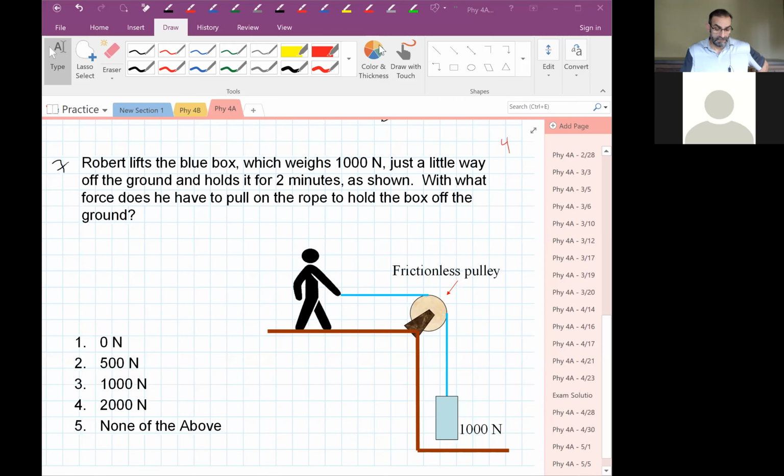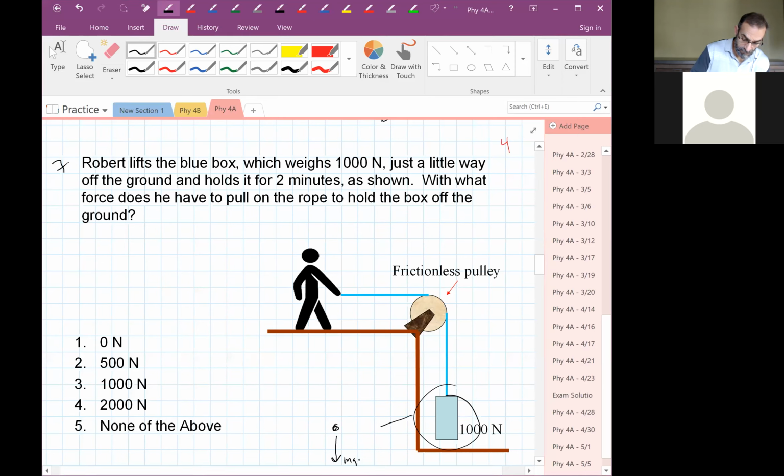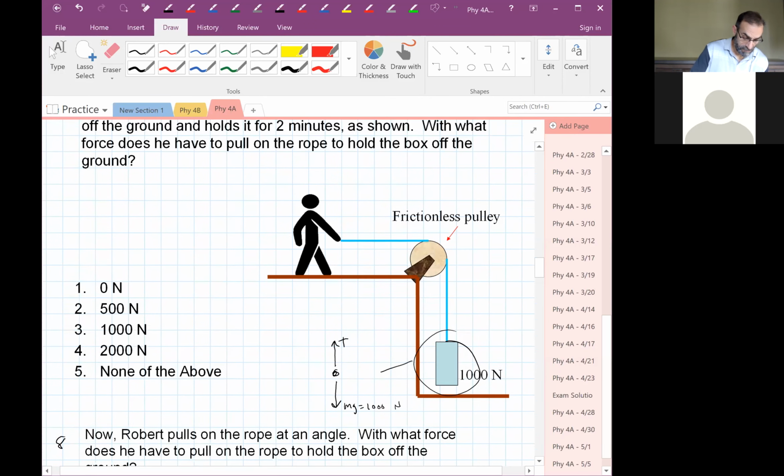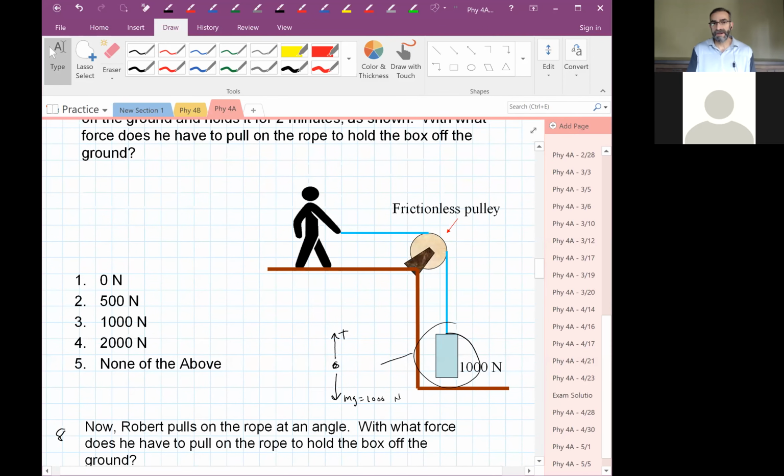Okay, good. So you could draw a free body diagram for this object if you wanted to. You have the force of gravity pulling down. That's 1,000 newtons. And you have the tension in the string pulling up. And is that box going anywhere?